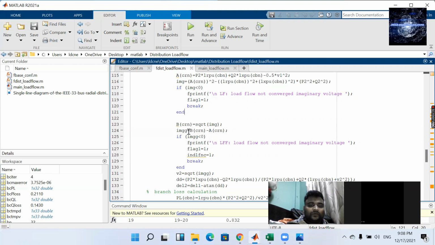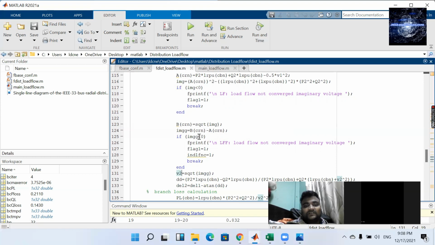Again, we have to calculate IMGG, because at last the voltage is a square root of IMGG. So up to this, IMGG also should not be less than 0.